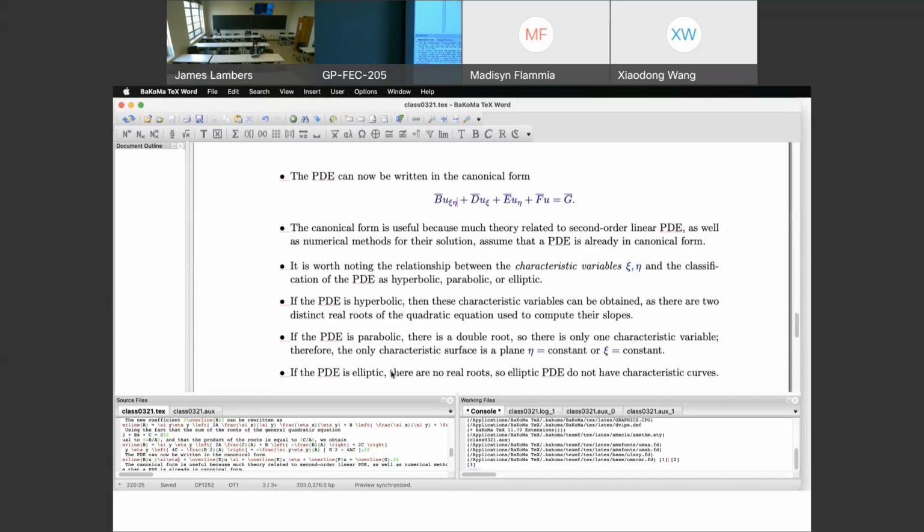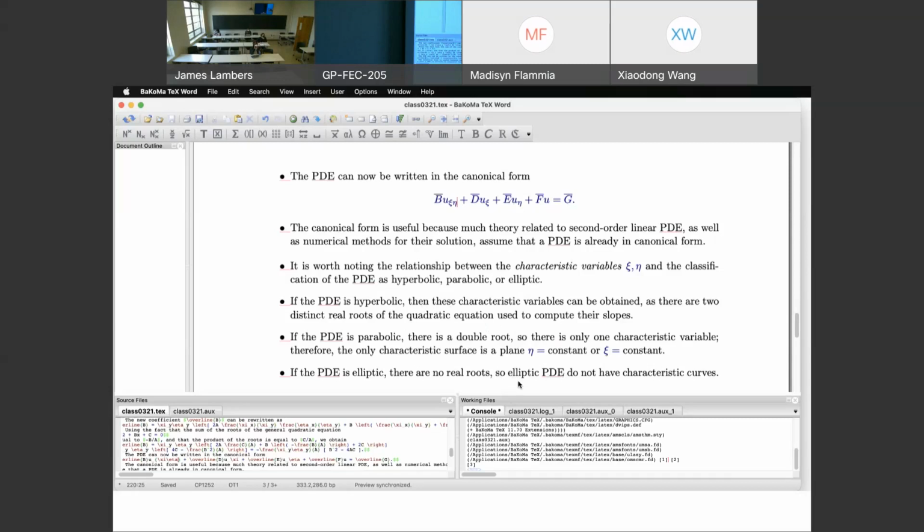If the PDE is elliptic, then b squared minus 4ac is negative, and you have complex roots. So for hyperbolic PDE, you can define characteristic curves, like c equals constant or a equals constant. You can have both. In the parabolic case you only have one. In the elliptic case, you have none.